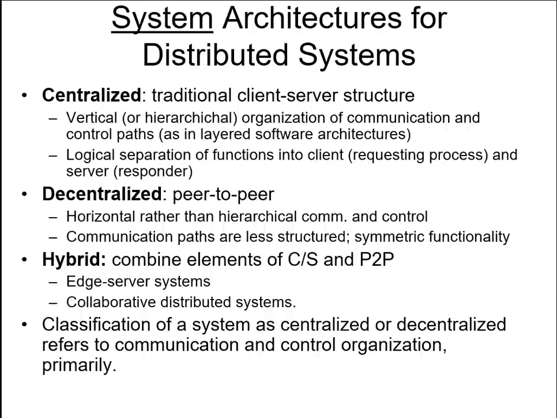We have another type, which is a hybrid that combines both centralized and P2P, like edge server systems and collaborative distributed systems. Decentralized is also called a collaborative architecture, because different nodes are connected peer to peer.